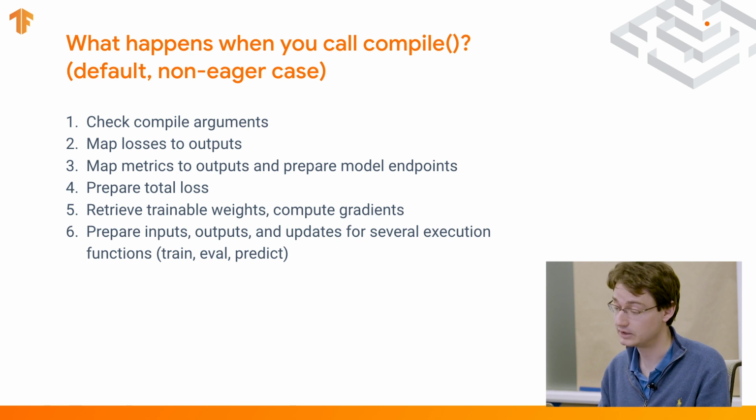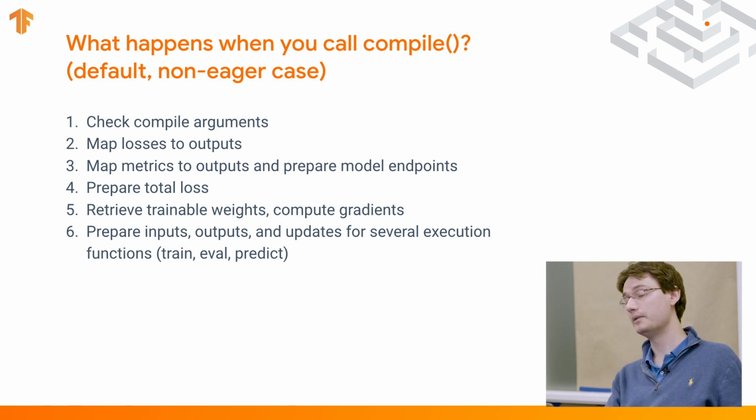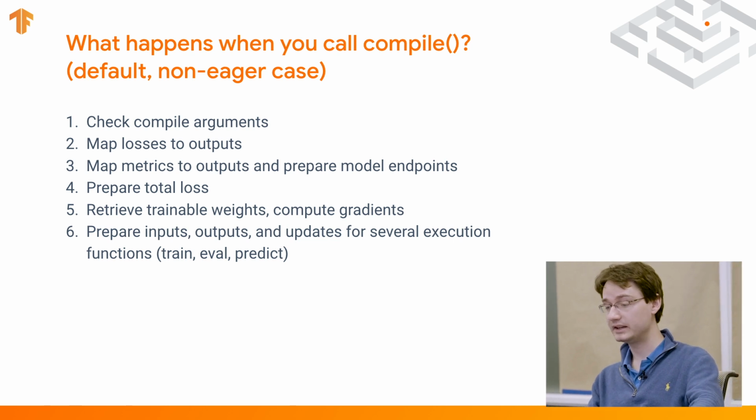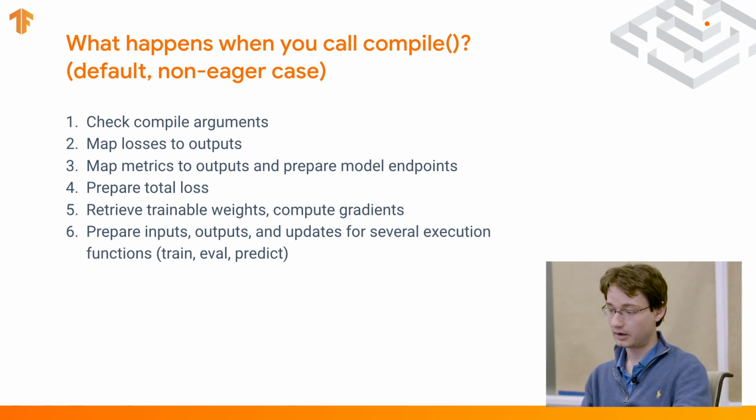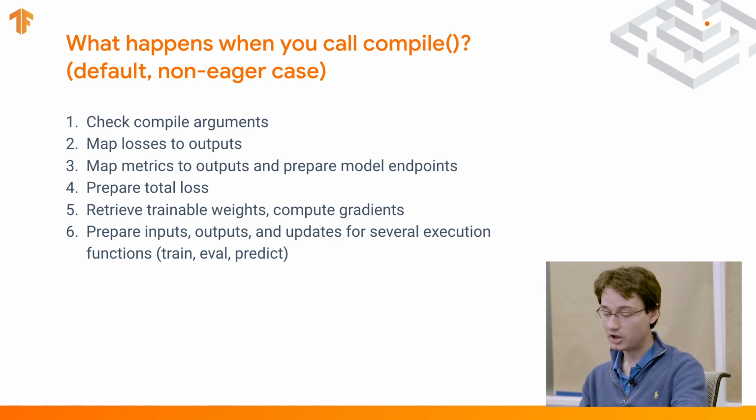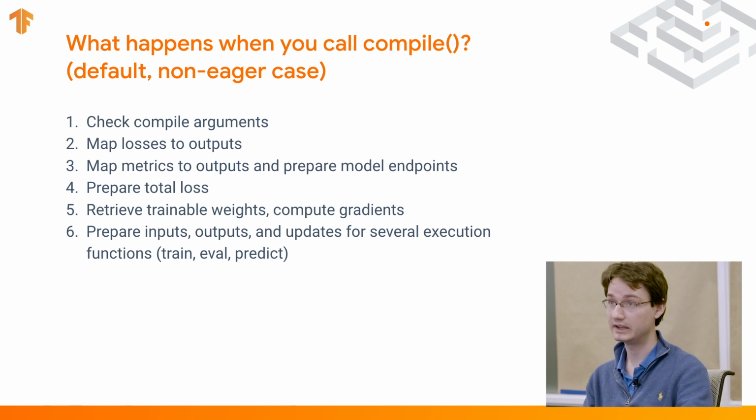So you have 3 different execution functions. You have the train function, which takes input data and input targets, and runs the backprop updates and the forward pass updates, and returns the loss and metric values. Then you have the eval function, which does the same except without running any updates.